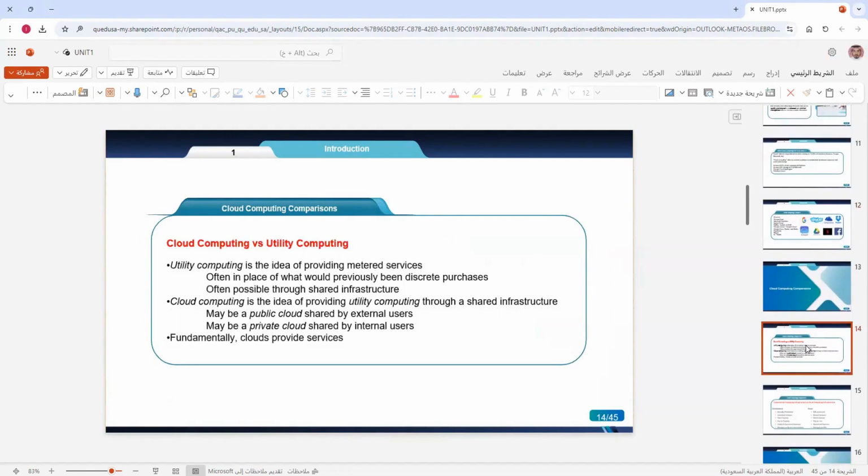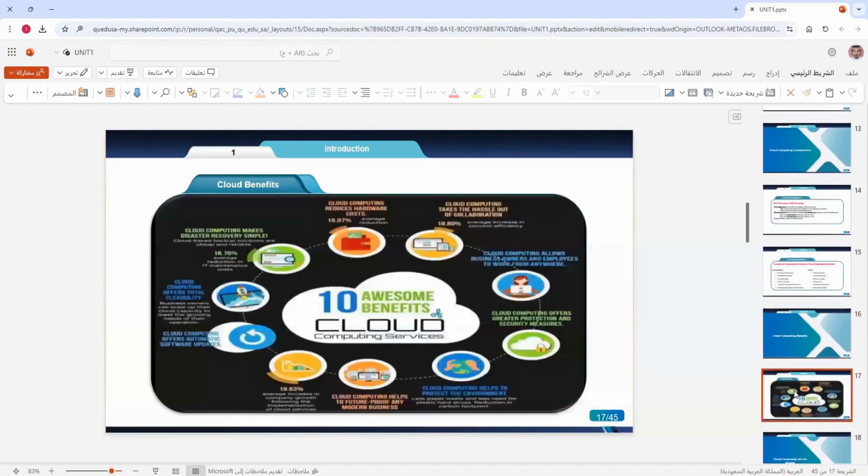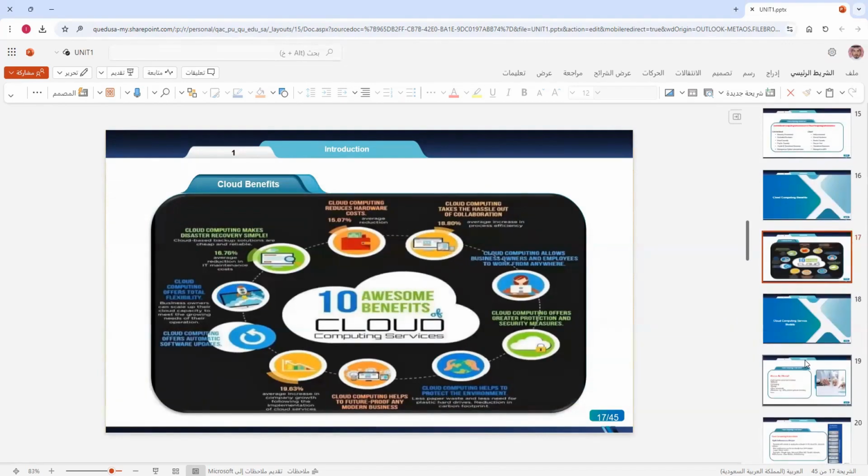After that, we will discuss the differences and comparisons between cloud computing and what is known as utility computing. Next, there is a comparison between traditional computer infrastructure and cloud infrastructure. After that, there is a summary of the 10 rules of cloud computing, which can be found in this image or on this slide.